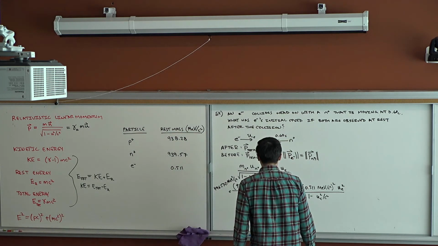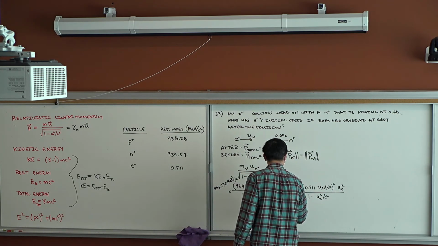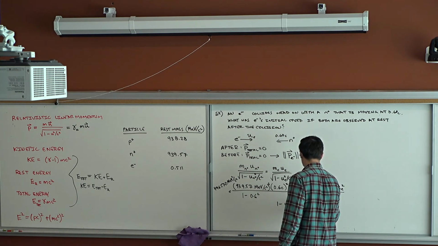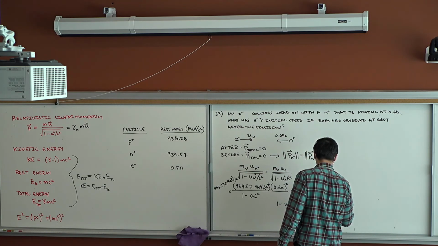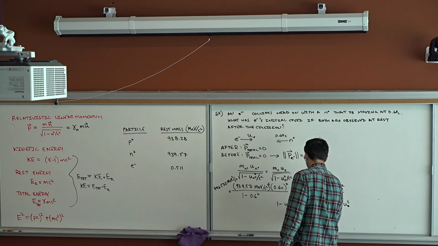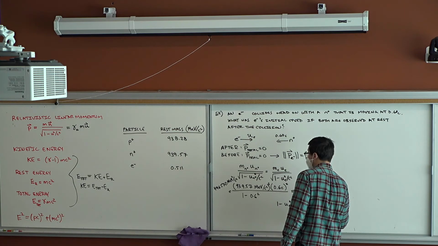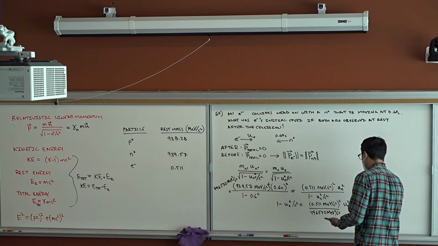So then we can say that 1 minus uₑ squared over c squared is equal to 0.511 MeV over c squared times uₑ squared over 496,570 MeV squared over c squared.